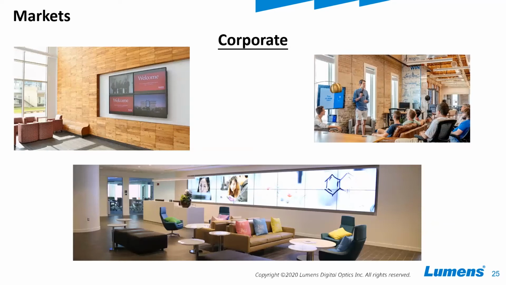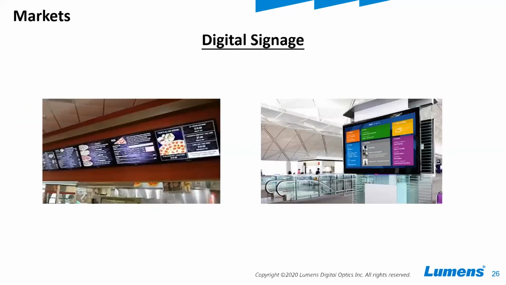In a corporate setting, our products can be used to set up video walls, to create an inviting space in a lobby, or even in a specific corporate training scenario. As I've stated, digital signage is used in every vertical market.